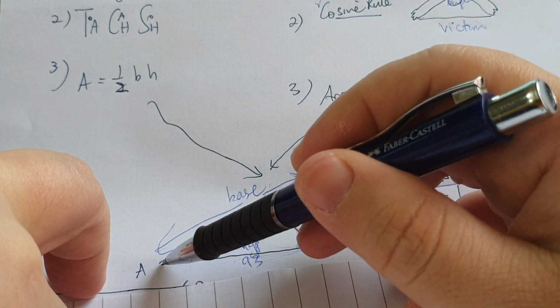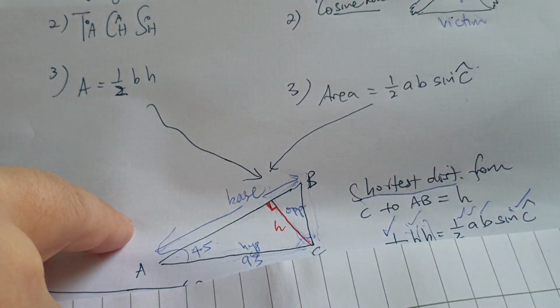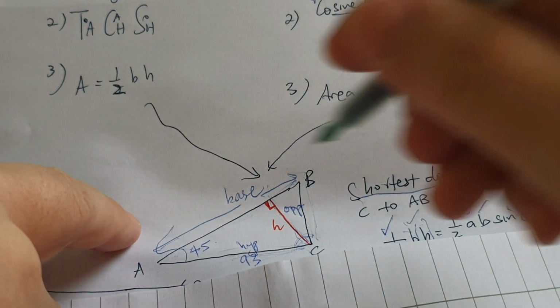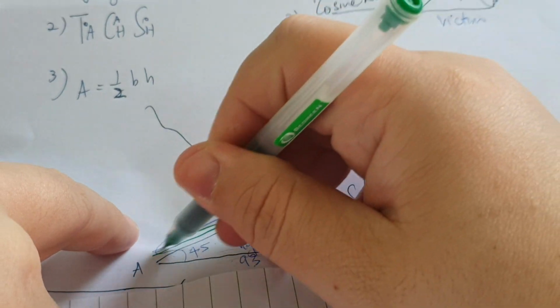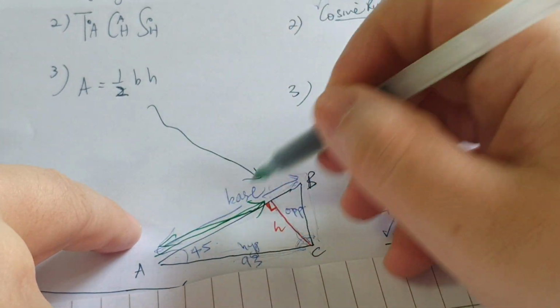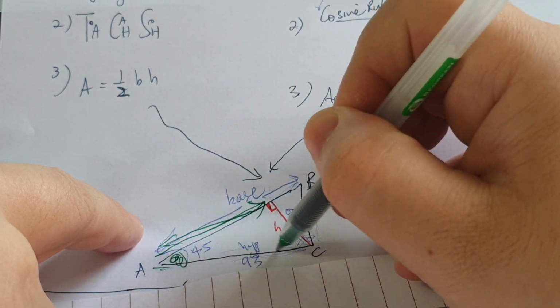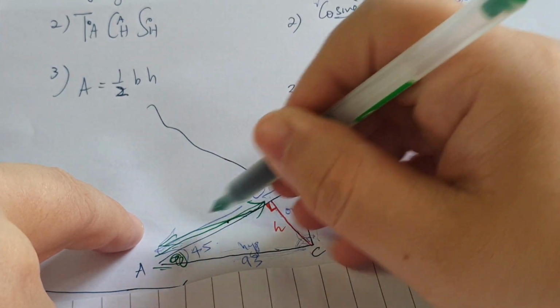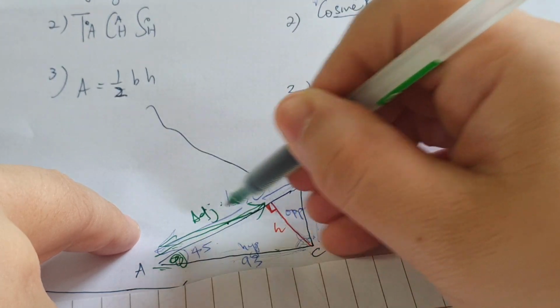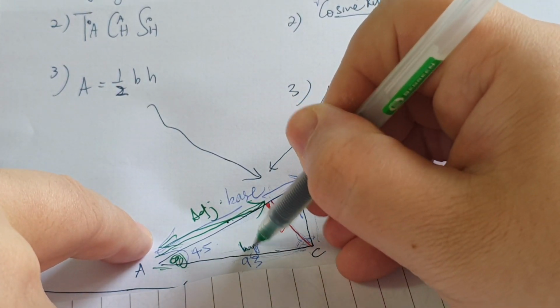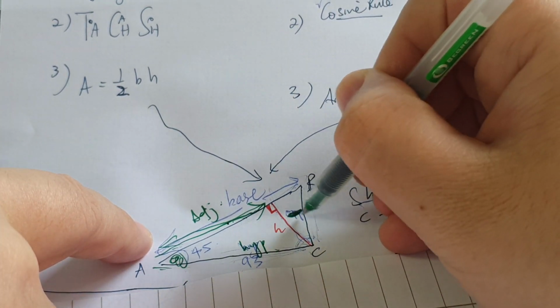Similarly, if I want to find this length for me, if I know this angle and I know this length, isn't this the adjacent? Isn't this the hypotenuse? We are not interested in the opposite.